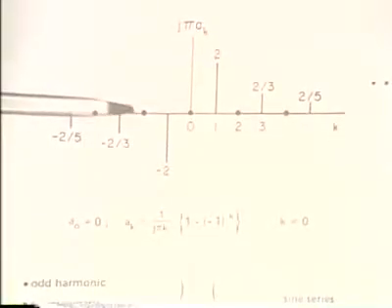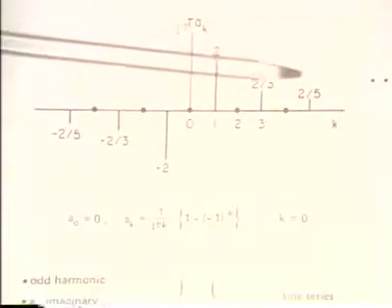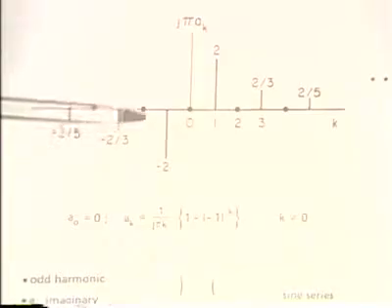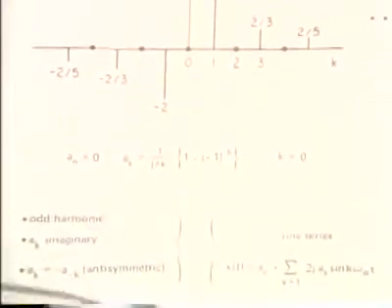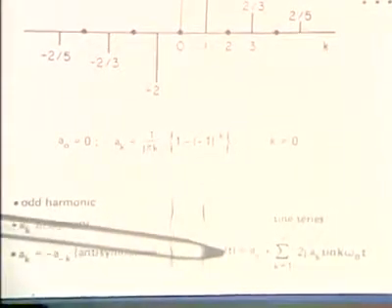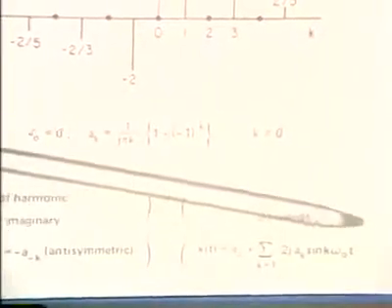And what that results in, when you look at the trigonometric form of the Fourier series, is that those conditions, if you put the terms all together, lead you to a trigonometric representation which involves only sine terms. In other words, no cosine terms.